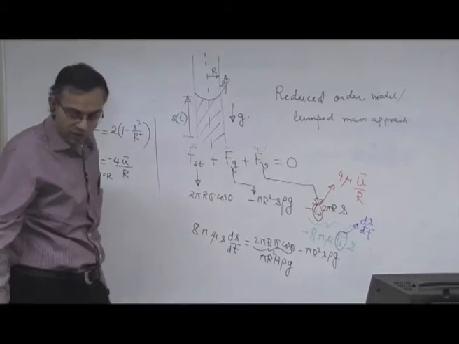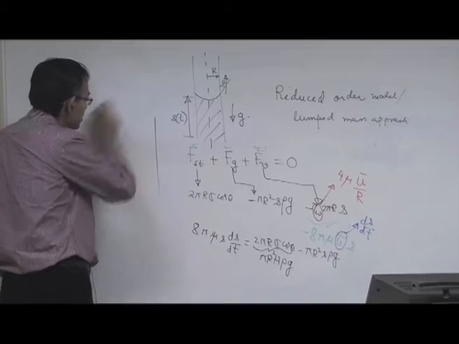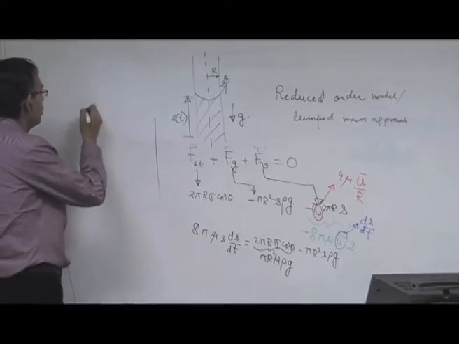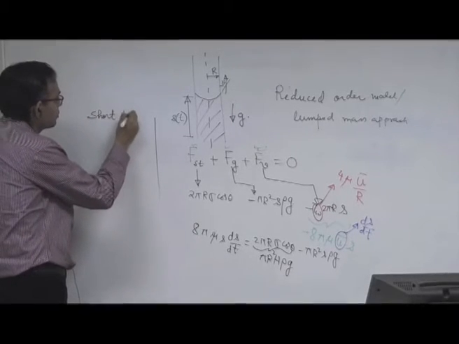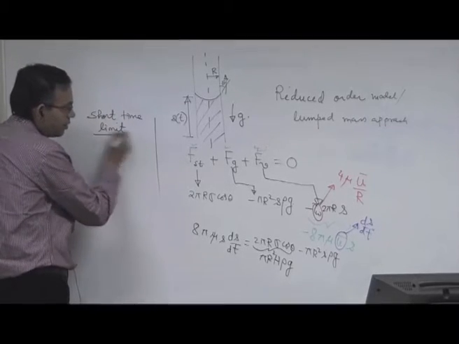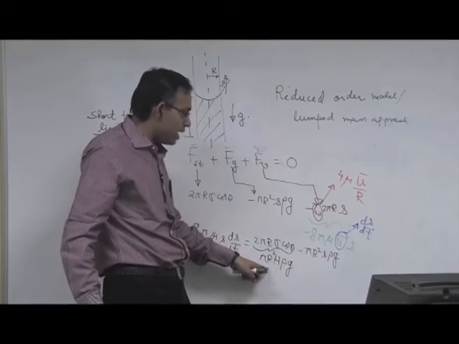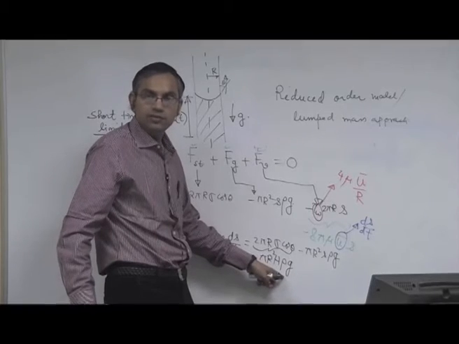So, now let us quickly solve this equation in some limits. The limit 1, short time limit. So, the right hand side is pi r square H minus s into rho g, right.